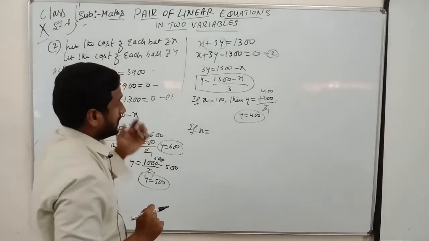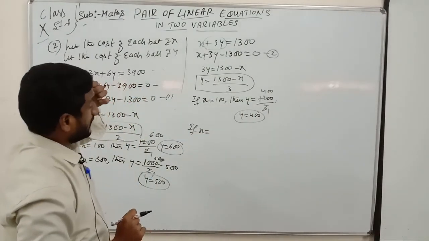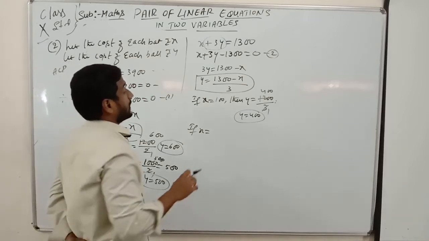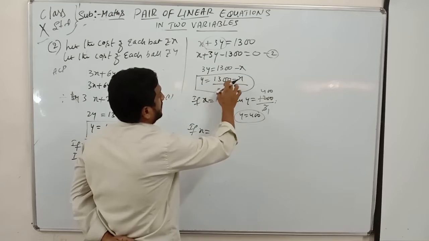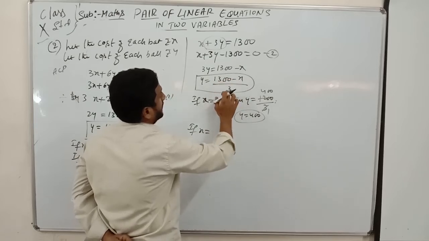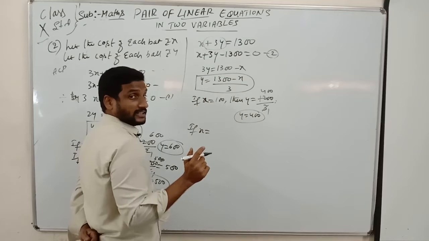So which is the x value? Divided by 3. If you take 400 here, what happens? 1300 minus 400 is 900. 900 divided by 3, you can easily cancel.